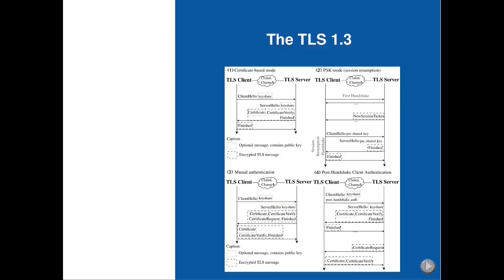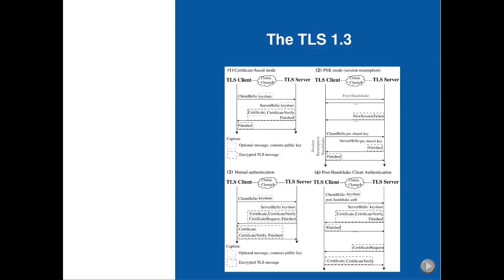The second mode is the PSK mode, or the session resumption. In this mode, TLS takes advantage of a previous connection and uses the handshake of this first connection to make the process of the next connections easier.